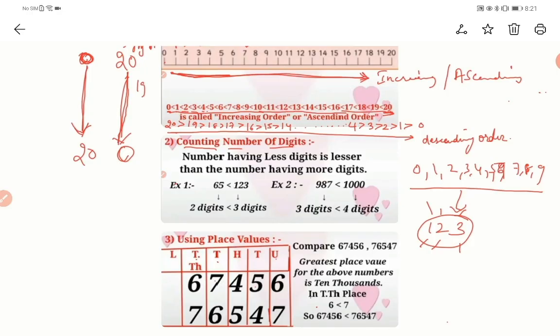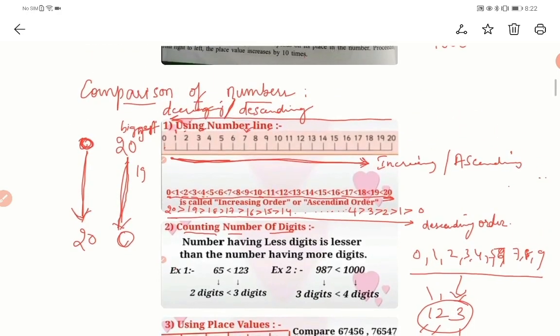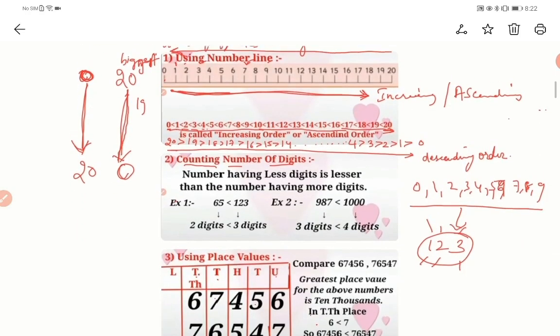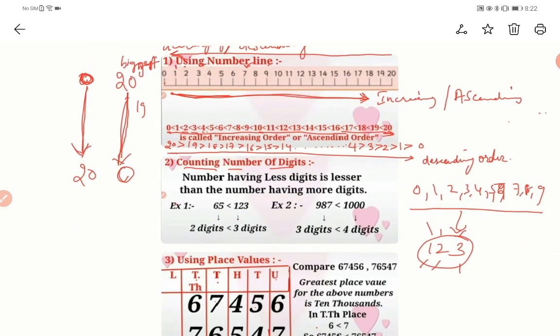In the last video, we started with comparison of numbers, right? And we had seen two methods of how to compare numbers easily. One is by using the number line. The other is counting the number of digits.